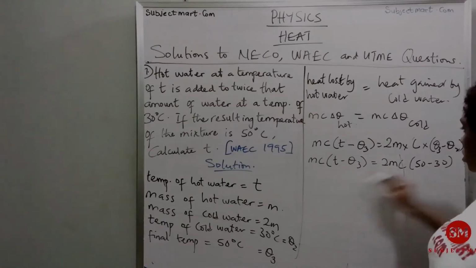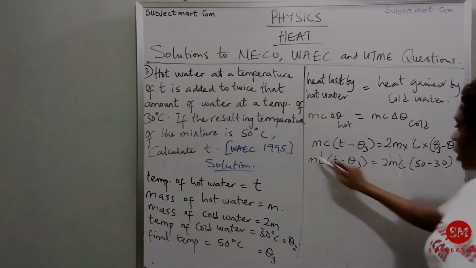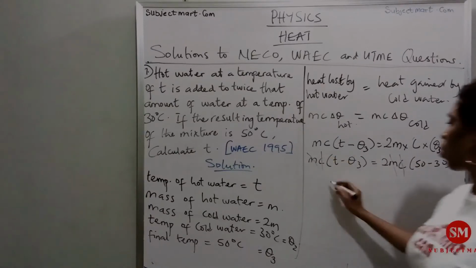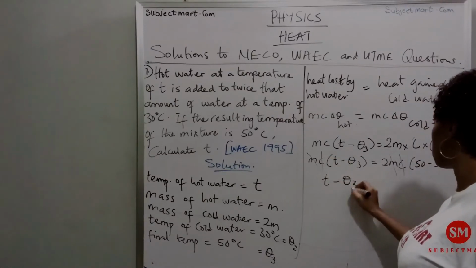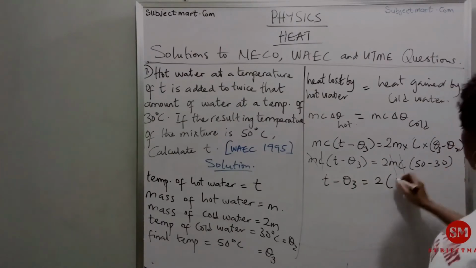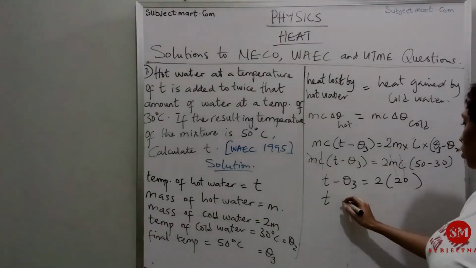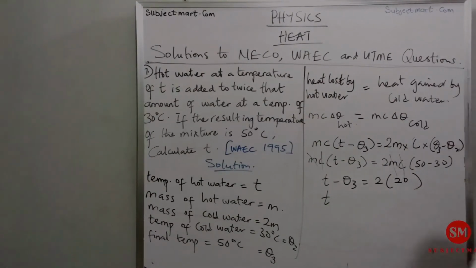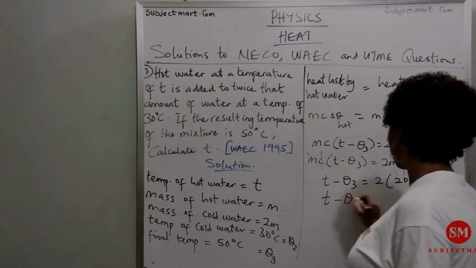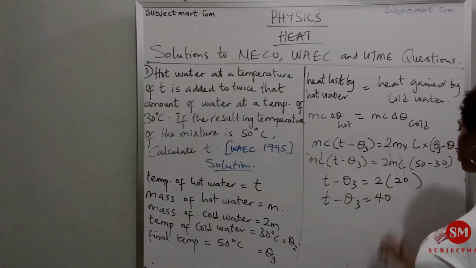So I can cancel out the C's, and at the same time, I can cancel out the M. So I have T minus theta 3 is equal to 2 into bracket 50 minus 30, that's 20. So I have T, which is the temperature, minus theta 3 is equal to 40.